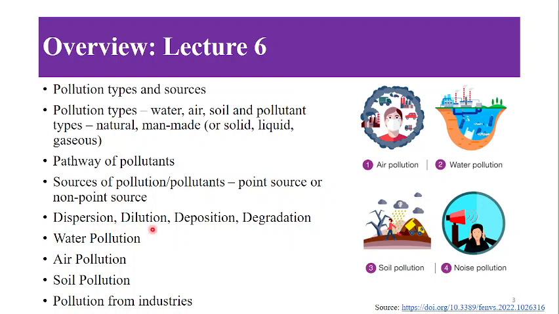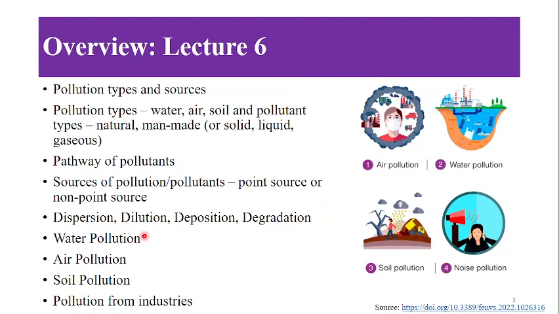Dilution is because of the mixing of these contaminants into the atmosphere, but they are in low concentration as they move away from the source of pollution, so it gets diluted. Deposition: it may get deposited in some area so that the environment is free from them. And degradation is that it breaks down into simpler substances.